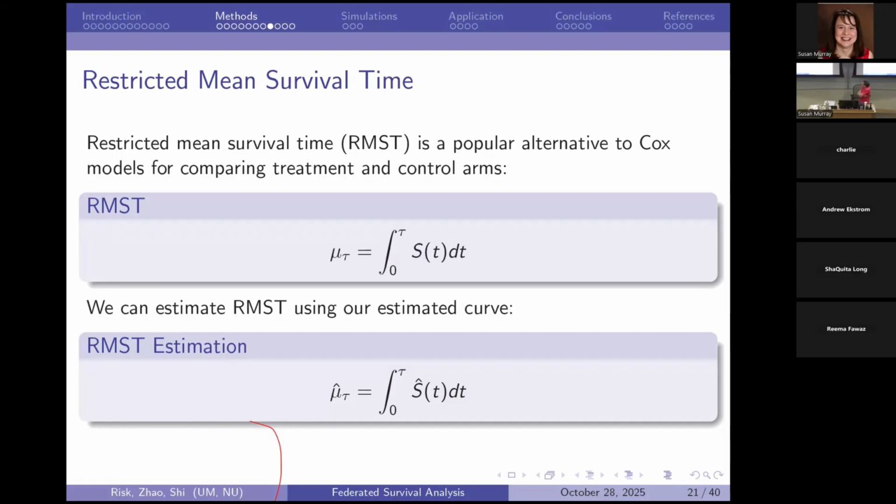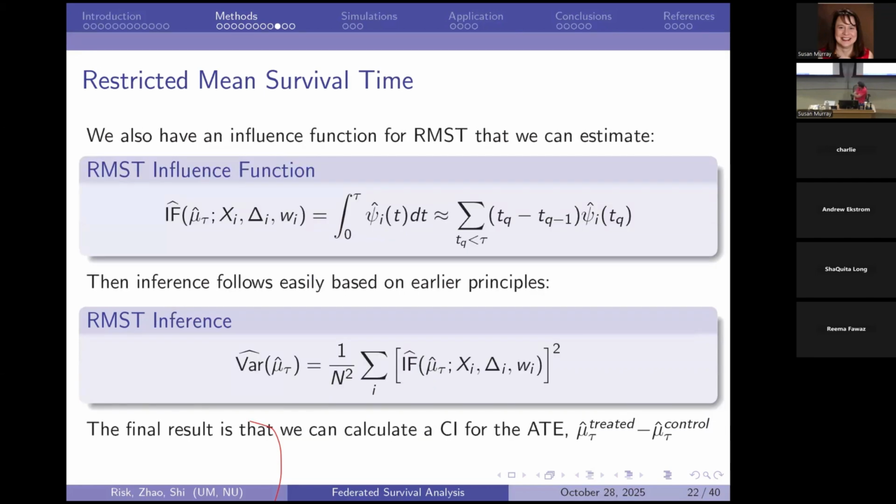So basically what this is, we're just taking the area under the survival curve. As we have an estimate for the survival curve based on our spline, it's going to be easy for us to use numerical integration to get the area under that curve up to a certain time tau. It's also the case that we have an influence function for the restricted mean survival time, which actually turns out to just be the integral of the influence function of the survival curve.